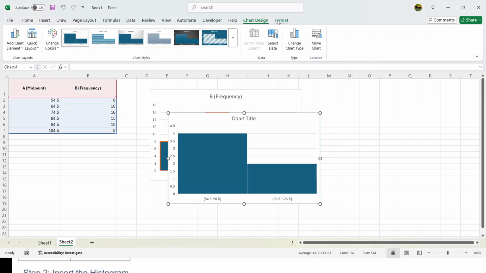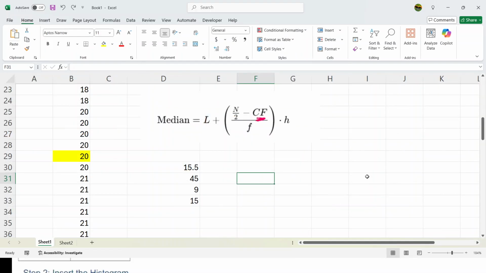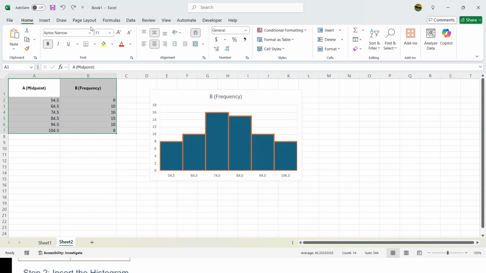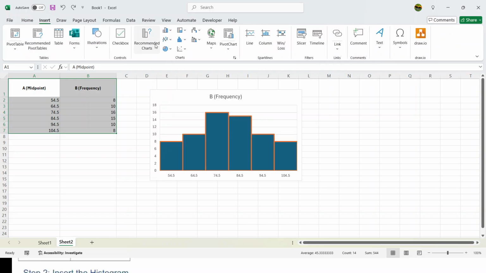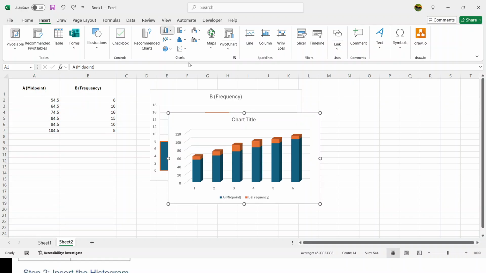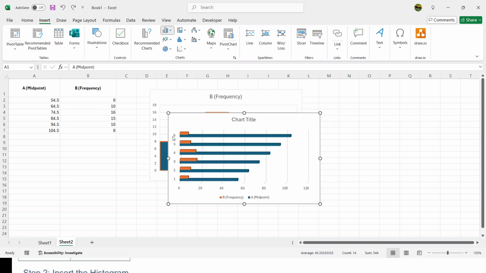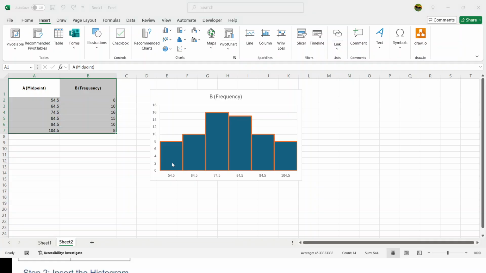Let me see the design, my chart design. It has limited me. Let me select the right one. Sorry. Insert. Okay. More columns.